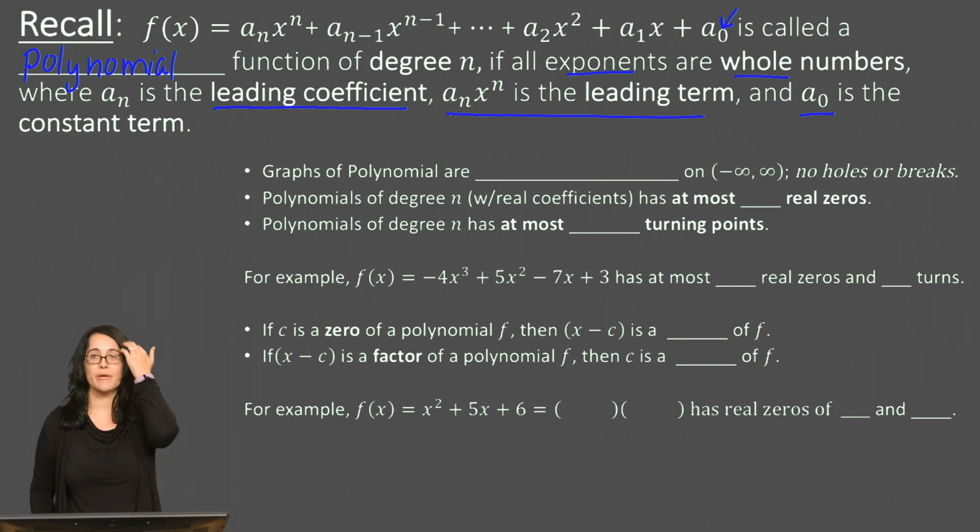So one of the reasons that we would like to focus on polynomial graphs in this chapter is because their graphs are continuous, meaning that we can draw them from left to right without ever picking up our pen. In other words, we could say in our first bullet point that graphs of polynomials are continuous.